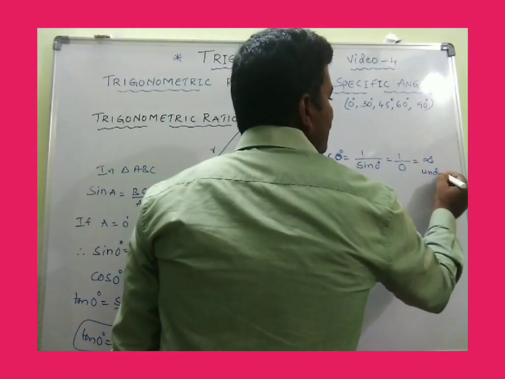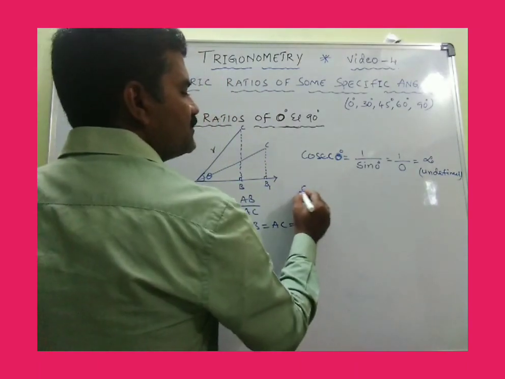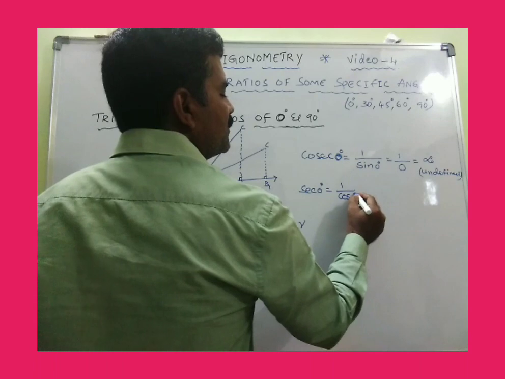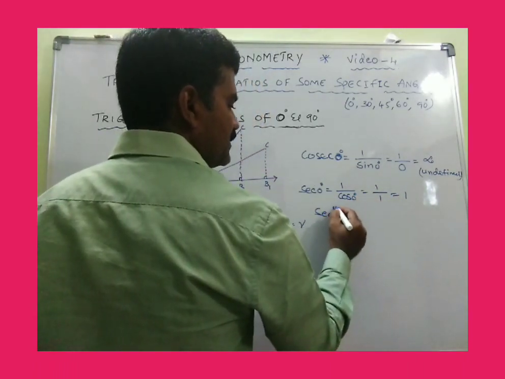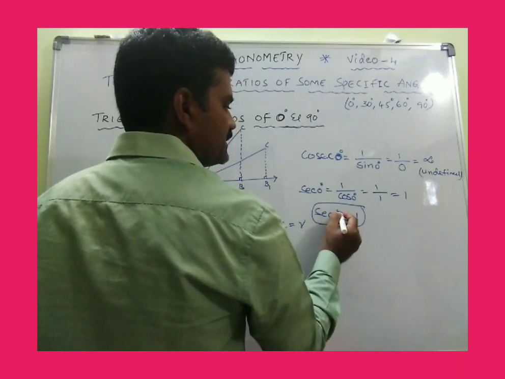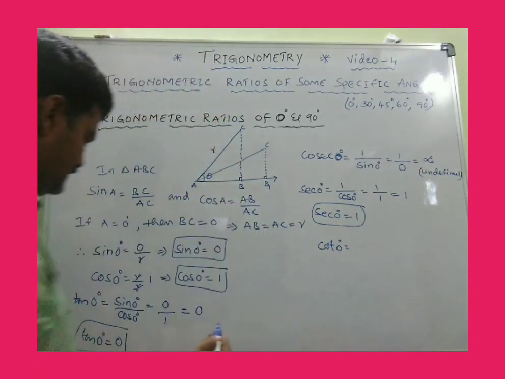Please read it as undefined. Okay. And coming to secant 0 degrees, which is 1 by cos 0, 1 by 1, which is 1. So secant 0 degrees is equal to 1.